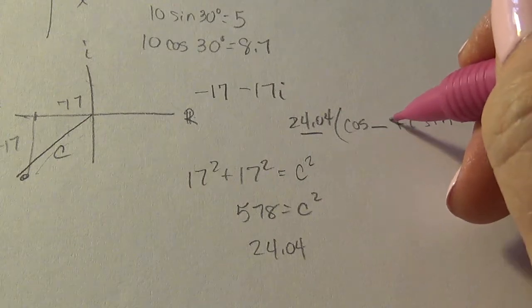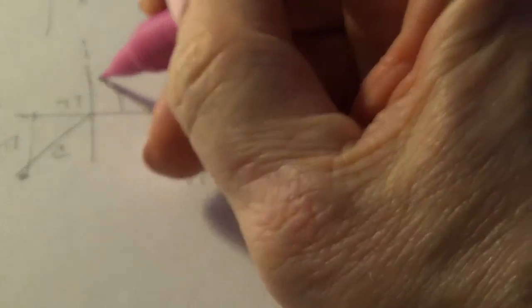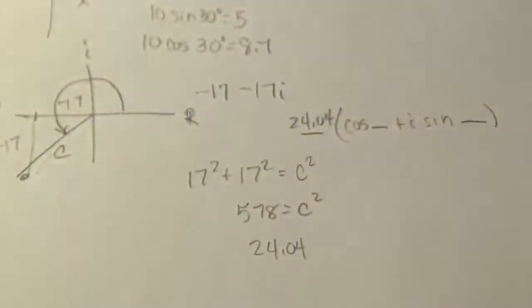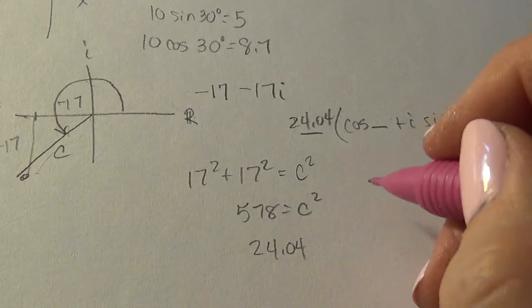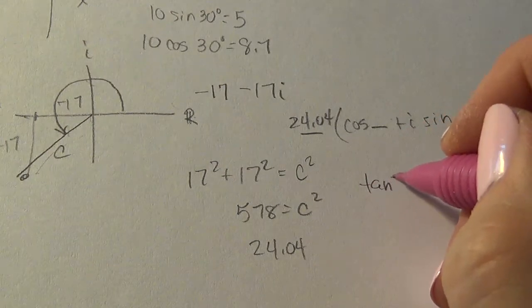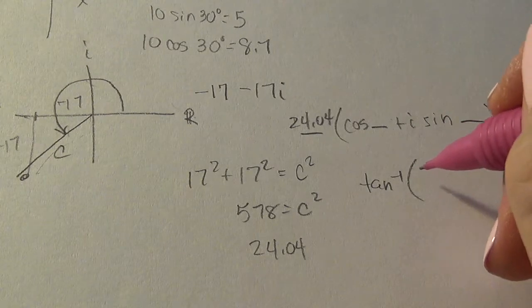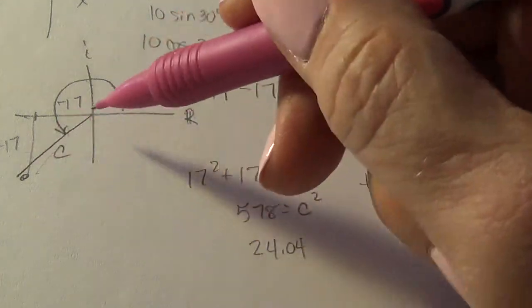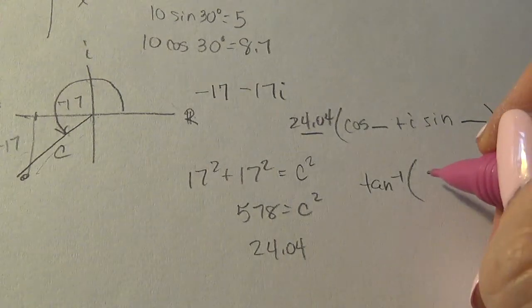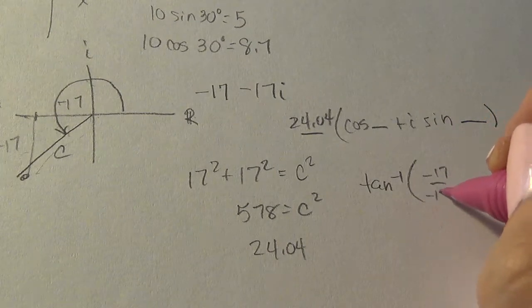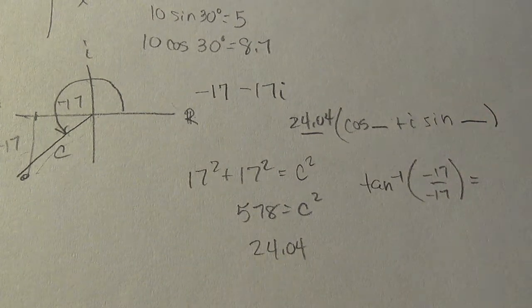And to get this angle, we're going to need to find out where that is right there. So we can go tangent inverse of 17. Remember, tangent is opposite over adjacent, so negative 17 over negative 17, which is tangent inverse of 1. And that gives us 45.